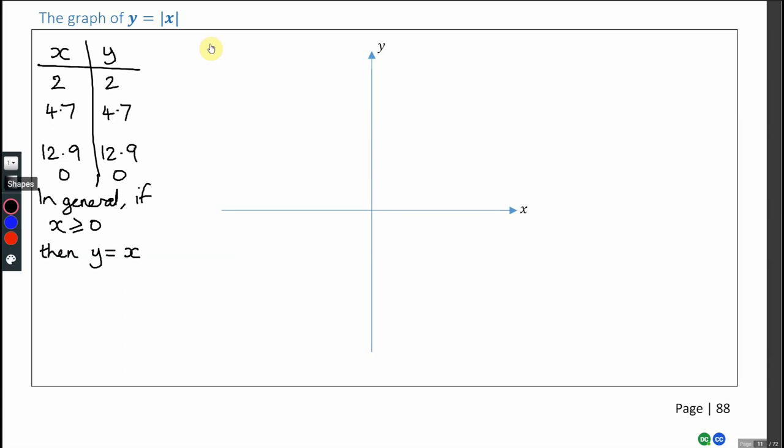So I'm going to draw the first part of the graph where x is bigger than or equal to 0. We get the graph y equals x, which is a straight line with a gradient of 1. Now let's consider negative values of x.